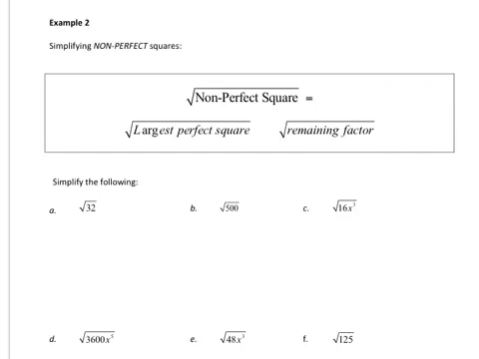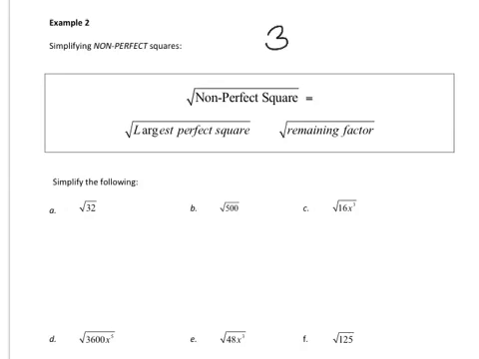Next we're going to review how to reduce a radical to simplest terms. And this happens when we don't have a perfect square, when there's a number that isn't a perfect square under the radical. So first of all, let's review a little bit of terminology here.